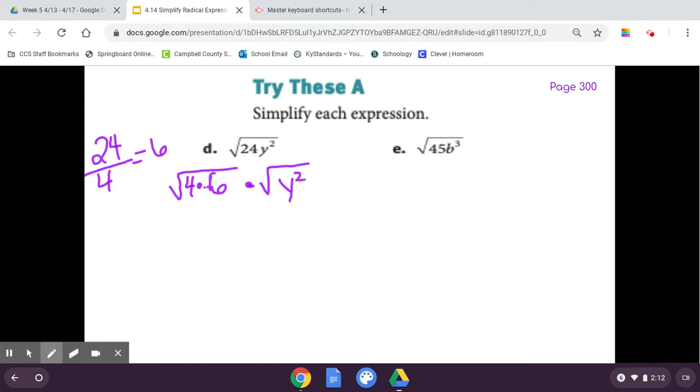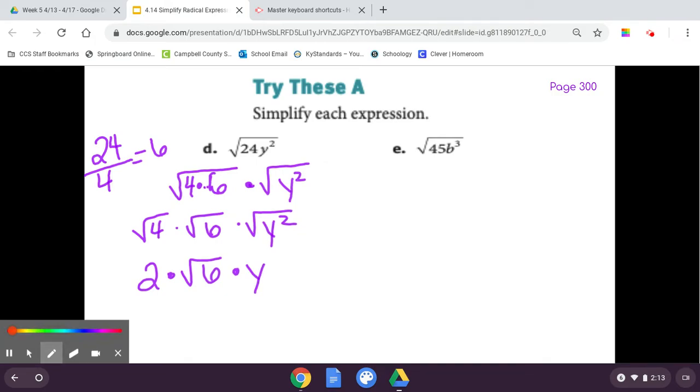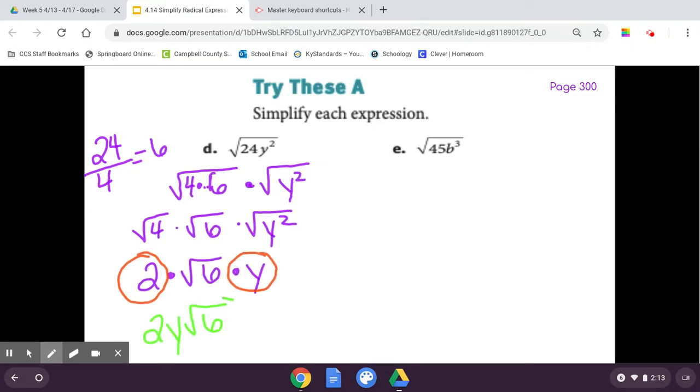Well, we know that this can also be written as the square root of 4 times the square root of 6 times the square root of y squared. The square root of 4 is 2, times the square root of 6, because that's irrational, times the square root of y squared, which is just y. So we can take these 2 that are not in a square root and multiply them on the outside here. So we have 2y square root of 6, which is your answer.